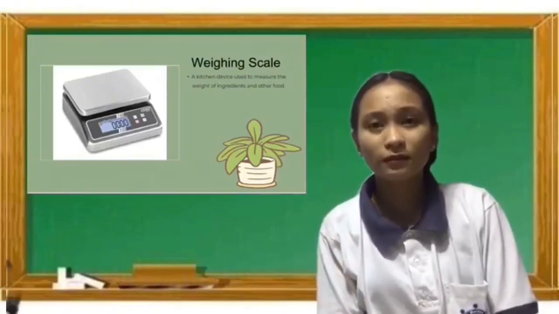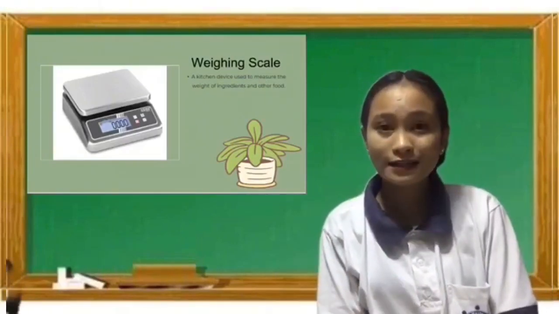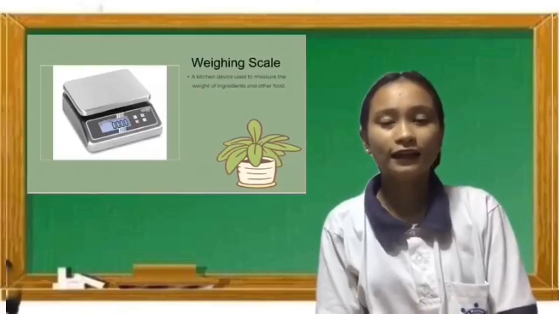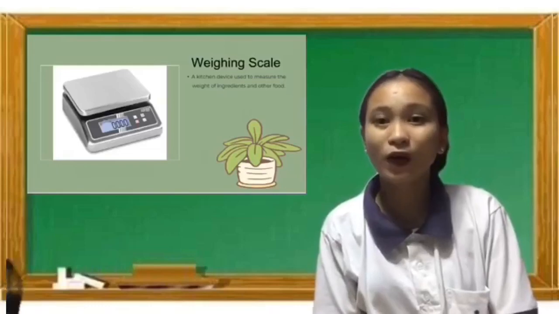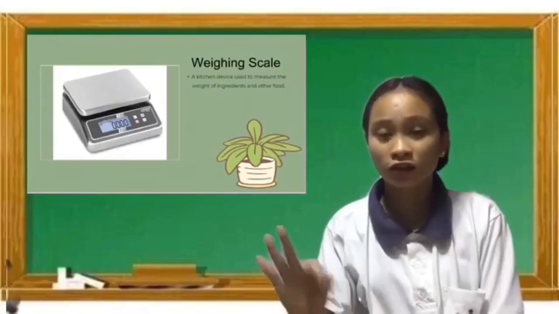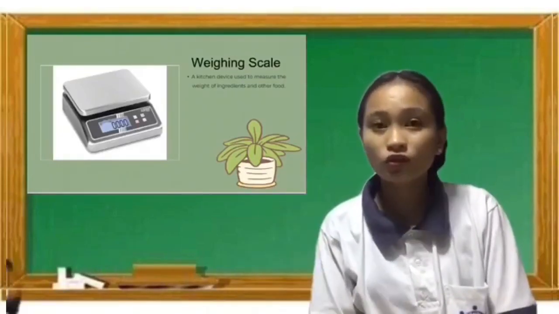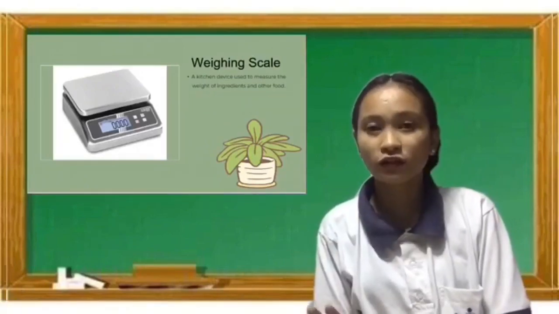It has a very big difference because the weighing scale is used to measure big quantities of ingredients, while the three I mentioned are used to measure small amounts of ingredients.